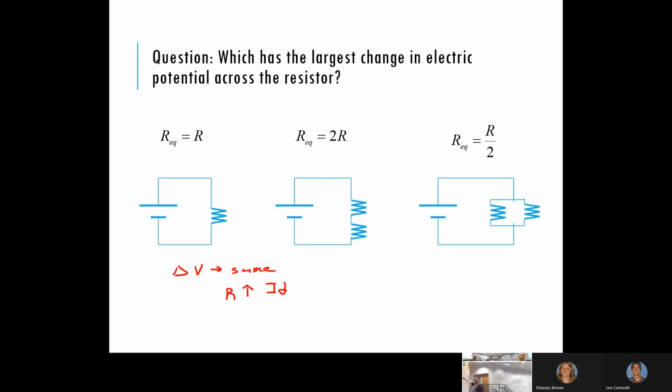So if I double the resistance, the current has to be cut in half. Or if I quadruple the resistance, then the current must be a quarter. One goes up, the other one has to go down.